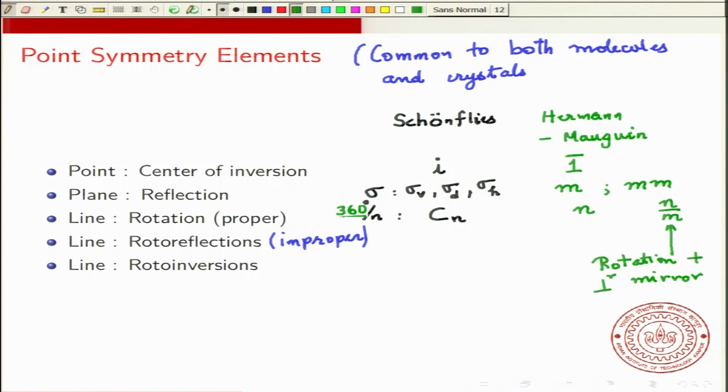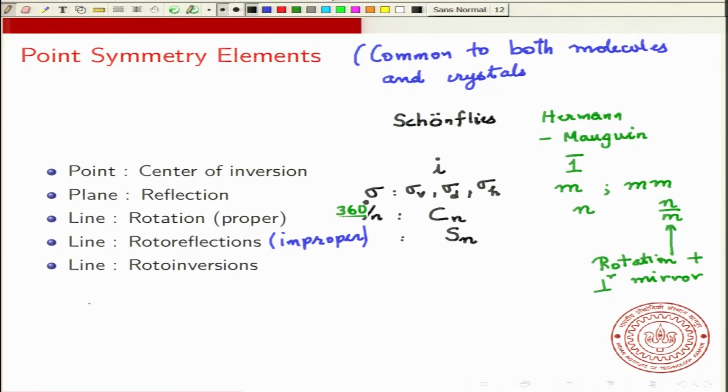Now additionally you have rotoreflections. Now these are not used in crystals, but in molecular notation these are denoted by Sn. Sn means rotation by 180 by n degrees followed by a reflection in a plane perpendicular to the rotation axis.